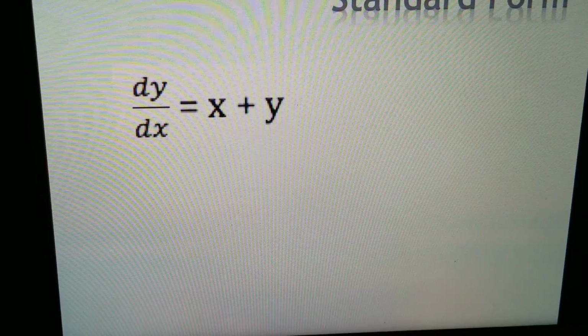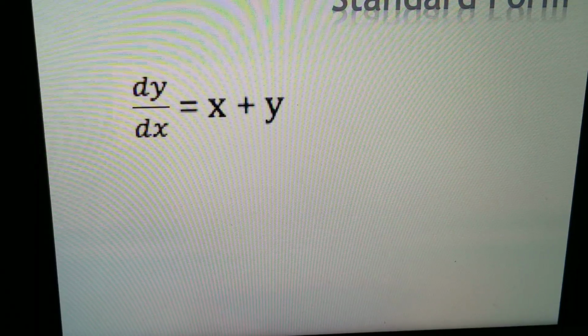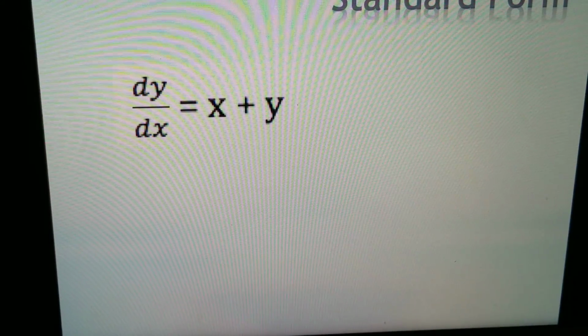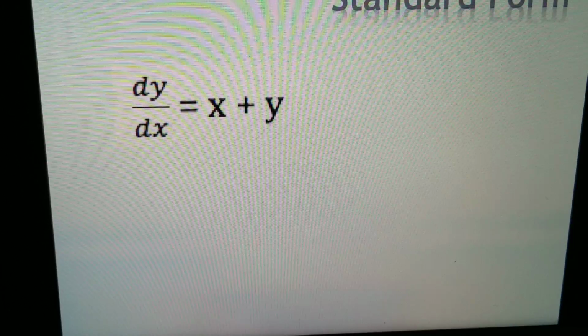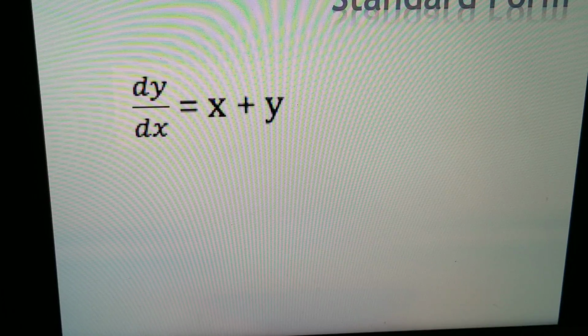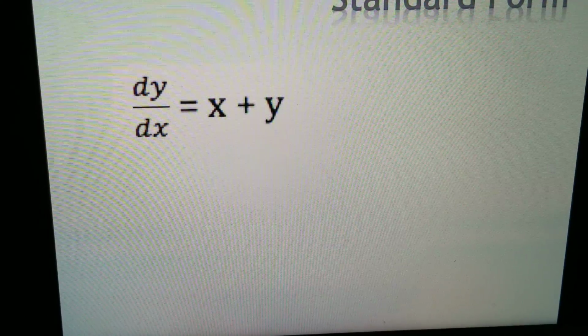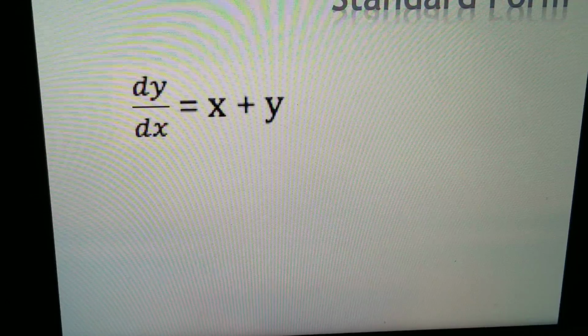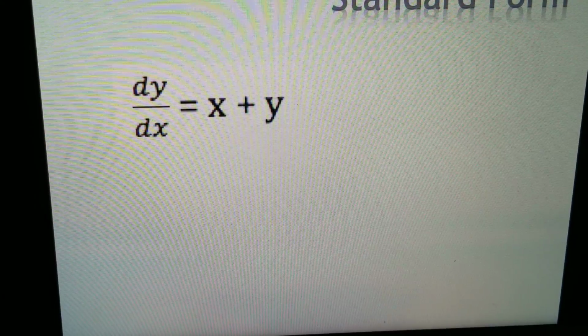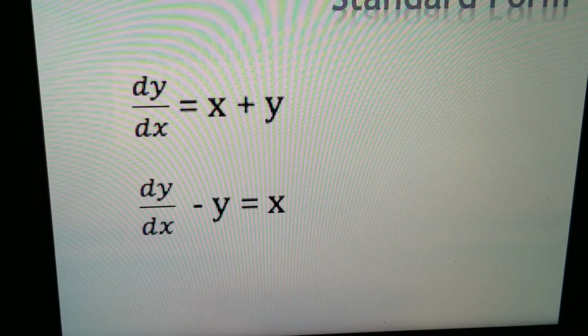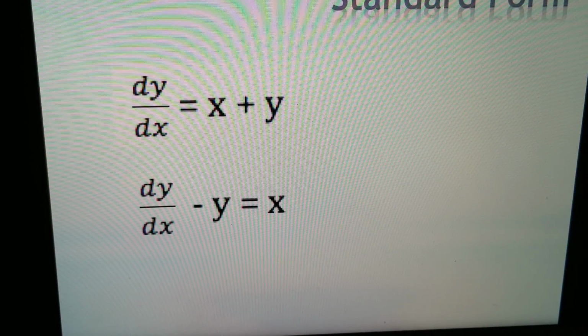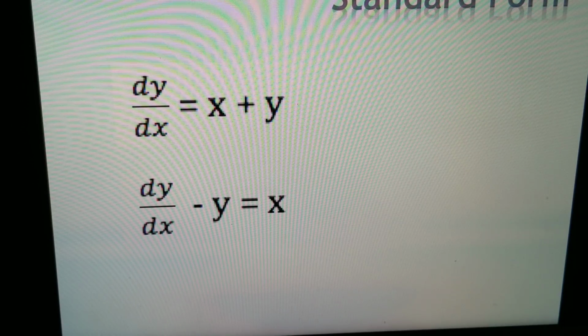So let's practice putting equations into standard form. We can clearly see that this equation is linear and first order because there's a function of y and a first derivative of y. Let's practice putting this into standard form while recognizing each term of the equation. By subtracting y from both sides, we put the function of y and its derivative on the left side of the equal sign, leaving the external function x on the right-hand side of the equal sign.